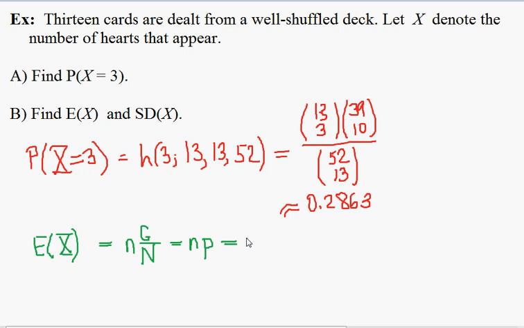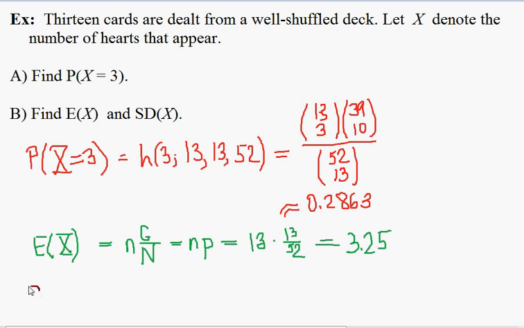We have 13 objects that are being drawn, and the probability of drawing a good one is 13 over 52. And so the expected value for the number of hearts that get drawn is 13/4, or 3.25. That's something you probably could have guessed before taking this course.